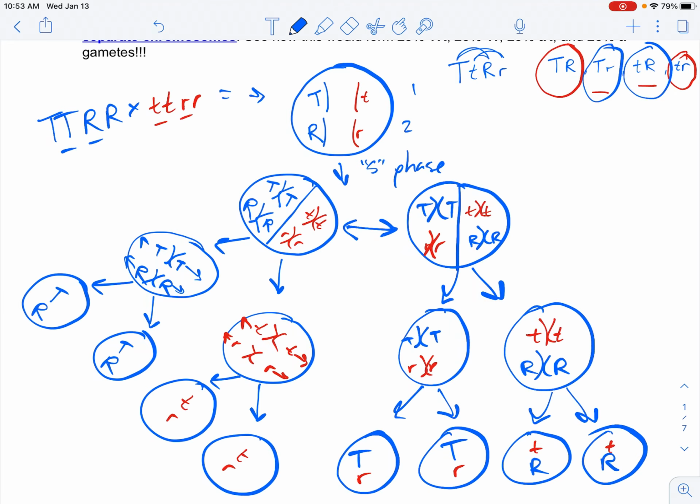Okay, so that's what normally happens. Well, that's what happens in meiosis. And that shows how we get to these 25% chances of those 4 different genotypes if the genes are located on different chromosomes.